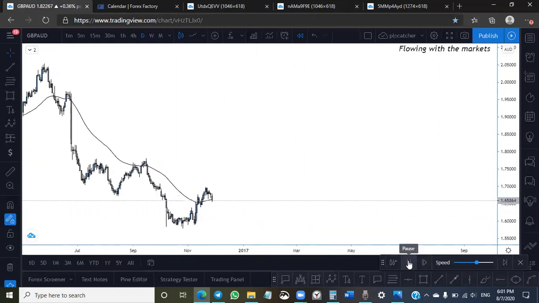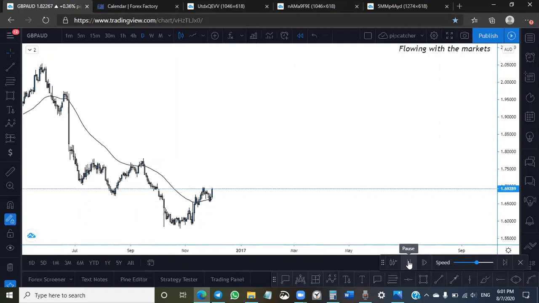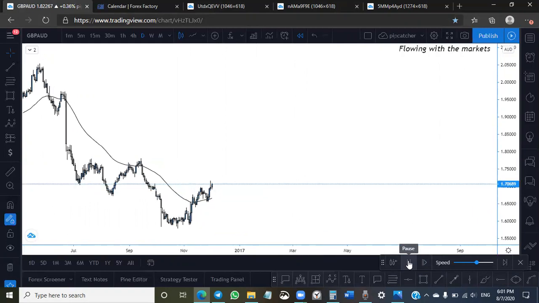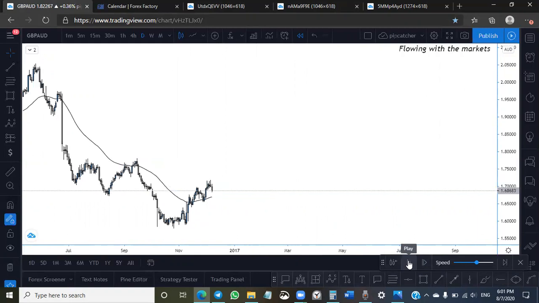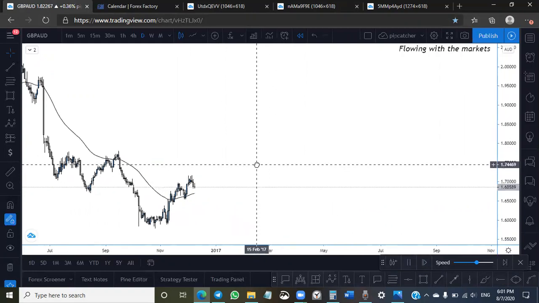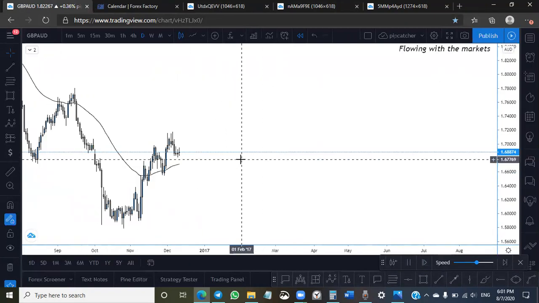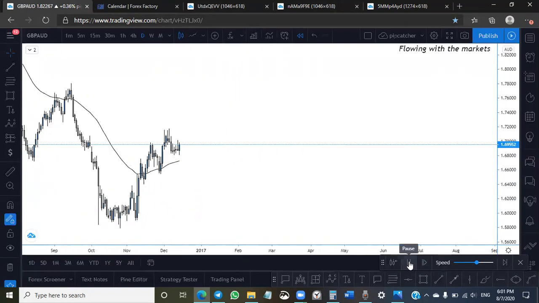If you miss a setup, don't worry, because there will always be a setup in the market. So just letting price play out a little bit here.